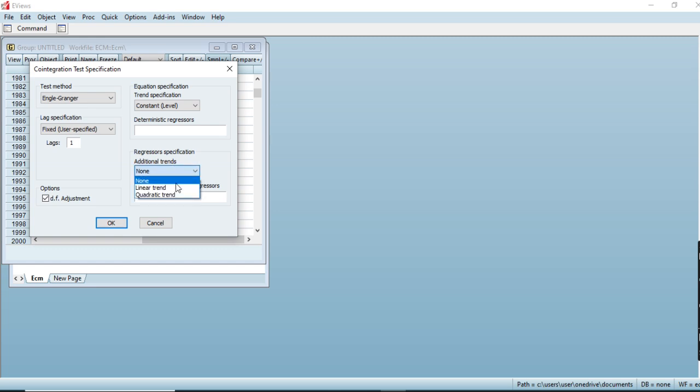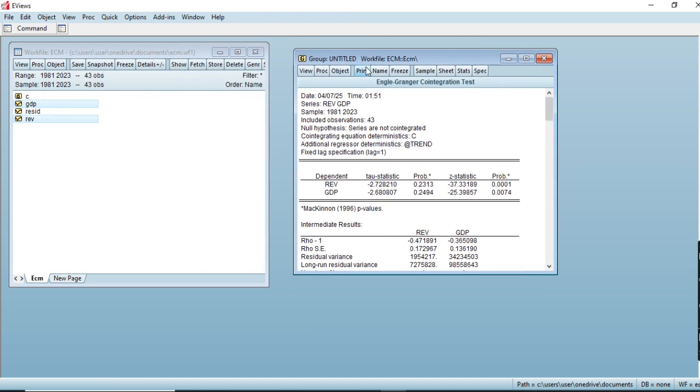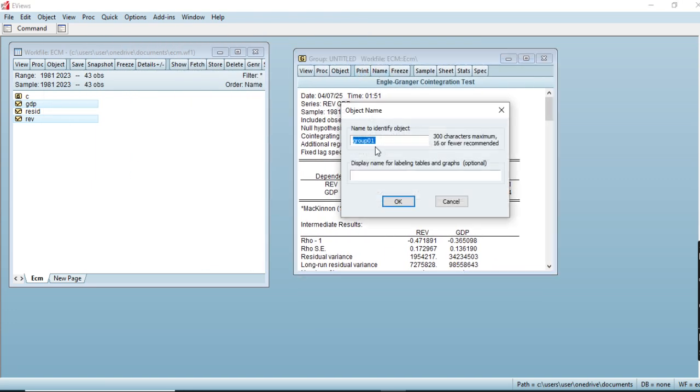Then for additional trend, we include linear trend. Then we click OK. Then you can see that the two variables, government revenue and GDP, are significant at 5% level of significance, which rejects the null hypothesis that the series are not co-integrated. So both variables are co-integrated. So we name them as group.